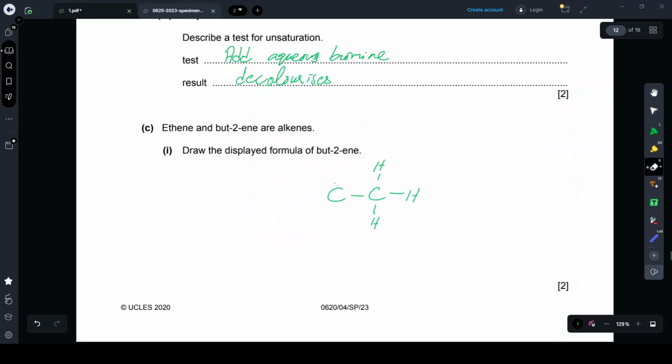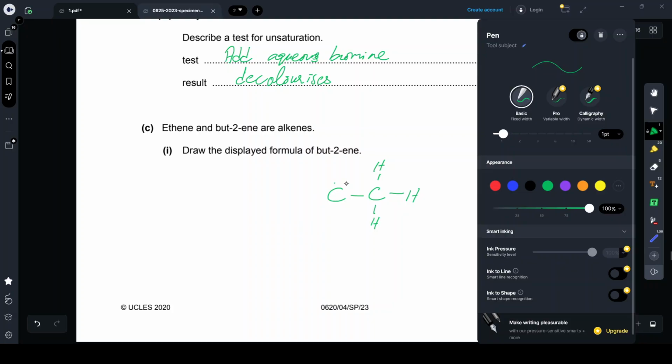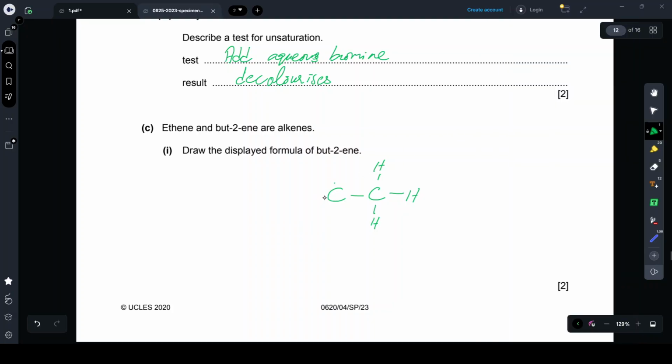Right? And so what we're going to do is have a double bond here and a single bond. So you've got 3 hydrogens here, single hydrogen here, right? And another single hydrogen here. And so, yeah, that's but.